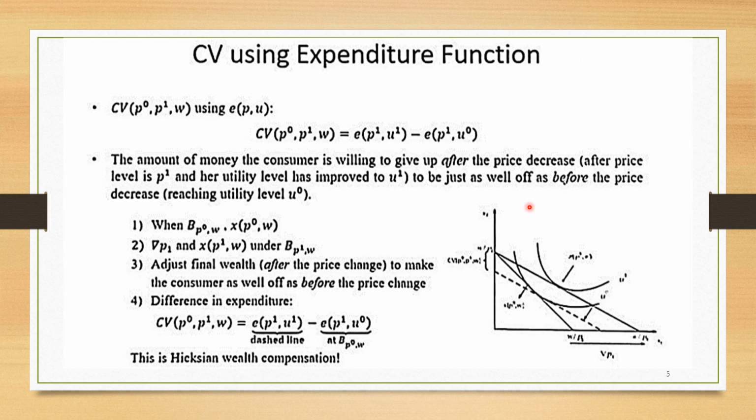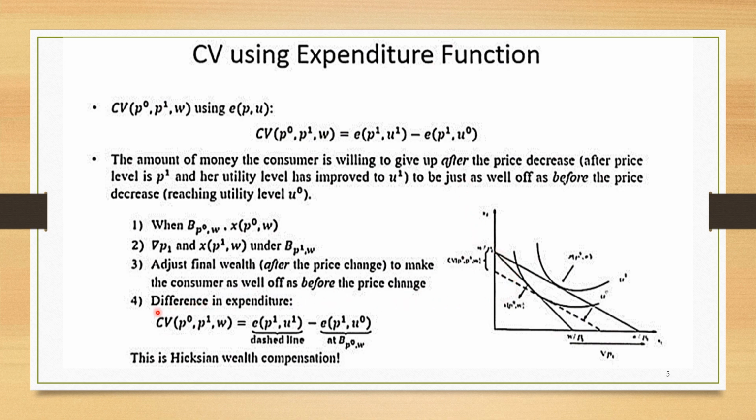So let's see graphically the compensating variation using the expenditure function. This is our initial budget line with initial utility U0, and after a price decrease, the purchasing power of people increases, and as a result, we finally get this budget line with higher utility U1. Here the dashed line represents the adjustment of final wealth after the price change to make the consumer as well off as before the price change.